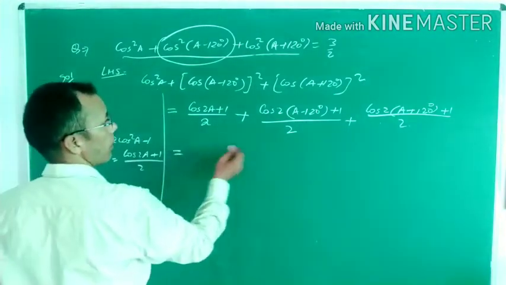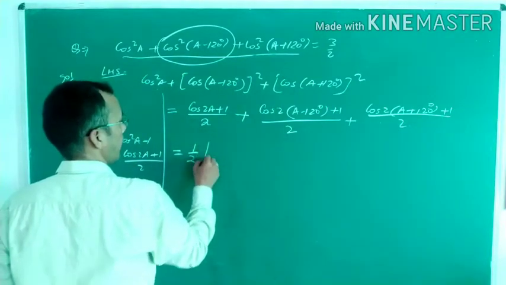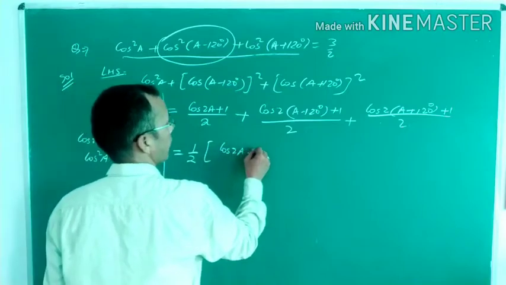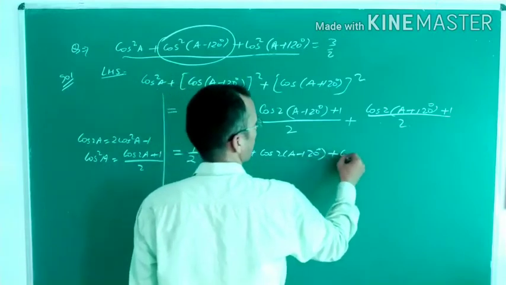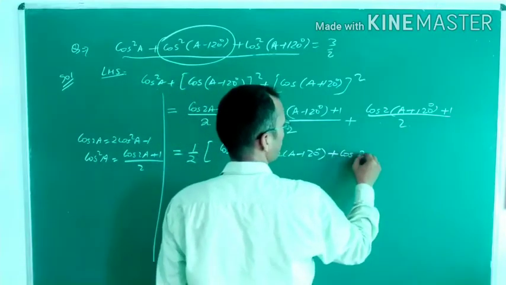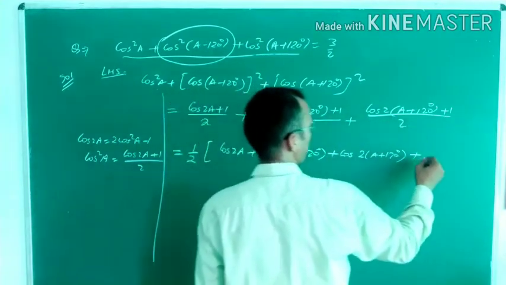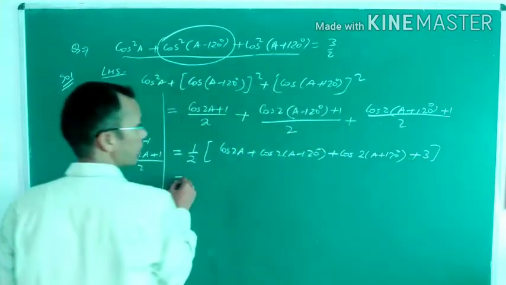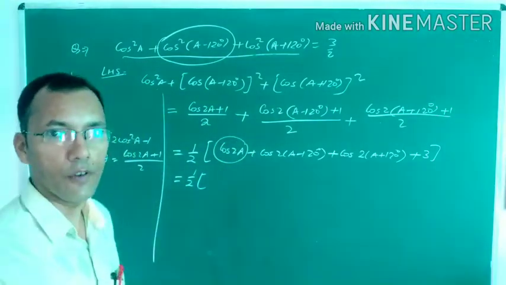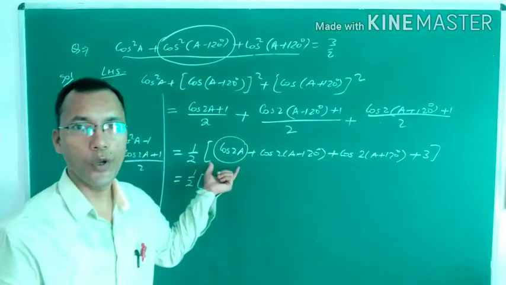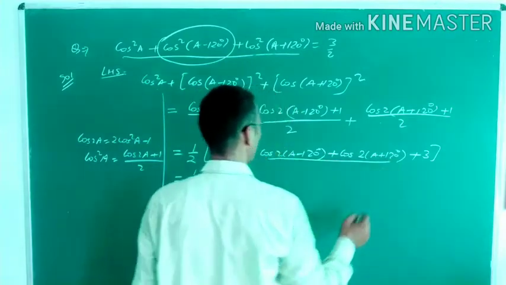Now just take this one. 1 by 2 is common, and now we have cos 2A plus cos 2(A minus 120 degrees) plus cos 2(A plus 120 degrees), and plus 1 plus 1 plus 1, that is plus 3. Now this is 1 by 2. Here this part is not disturbing for us, and neither can we put the value of cos 2A. So we can use cos C plus cos D, right?